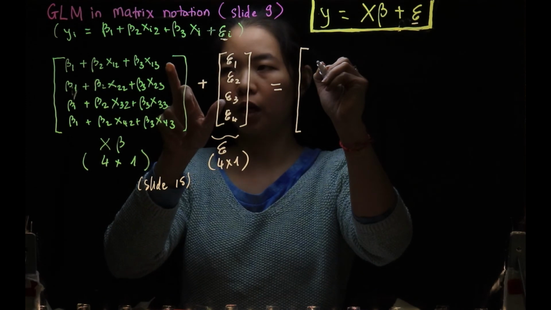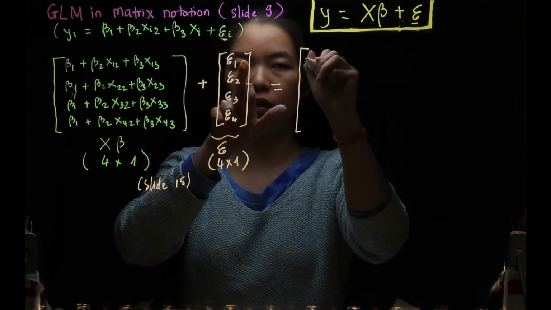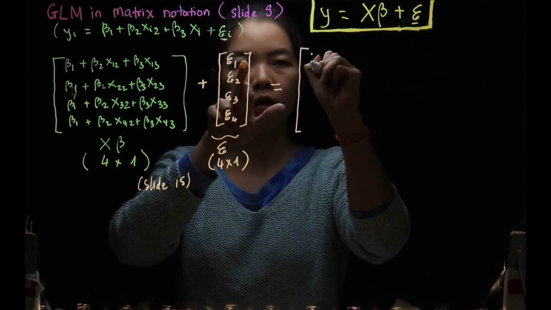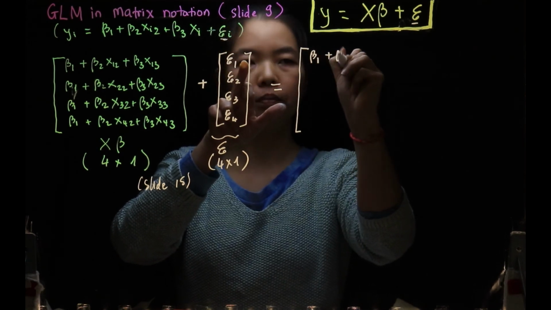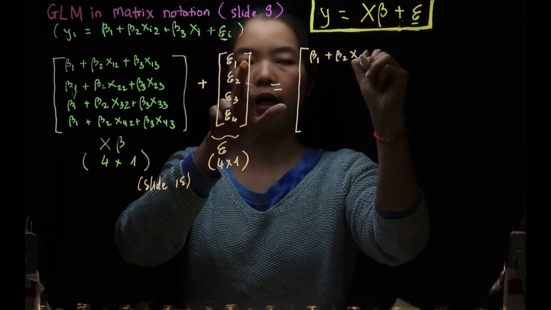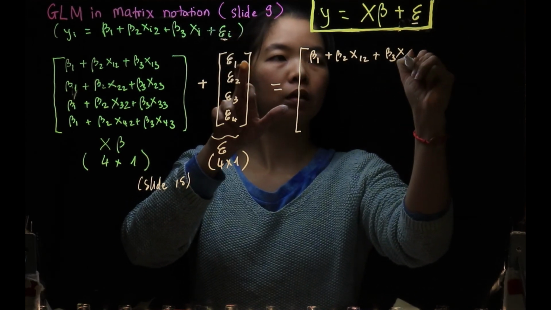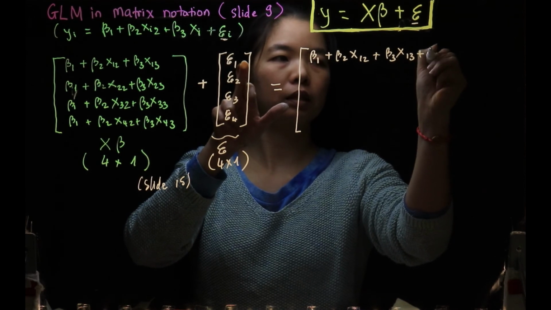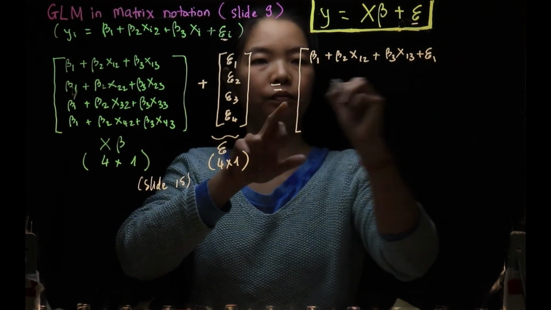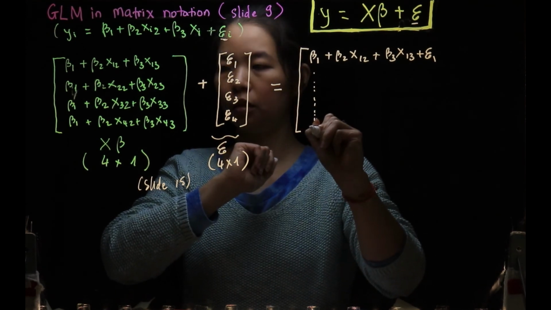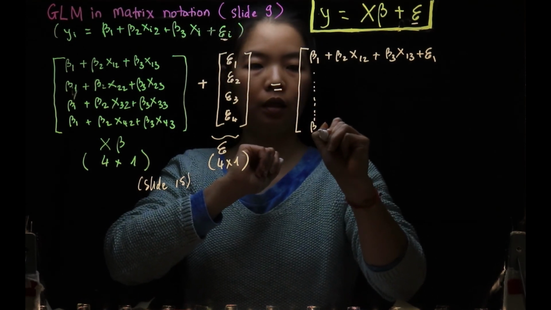The first one with the first one, resulting in the first row of the resulting vector. So we have beta 1 plus beta 2 times x12 plus beta 3 times x13 plus epsilon 1. And you do that for each element until the last one.